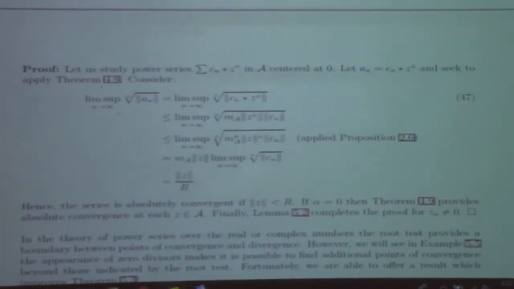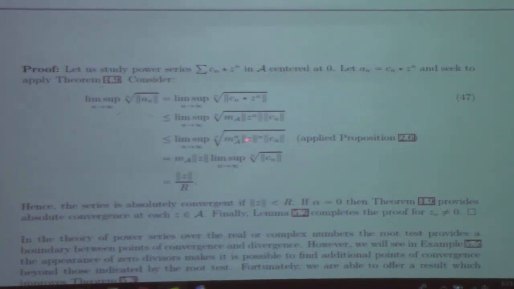And so the proof relies on the root test for numerical series, right? So we let a sub n be the product of c_n z^n, and we just try to calculate the lim sup. So the thing is, when we take that nth root, it pulls out an m sub a, like that. But then, proposition 2.6 said that we can pull the n out like that.